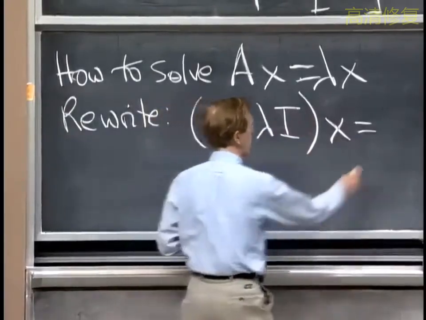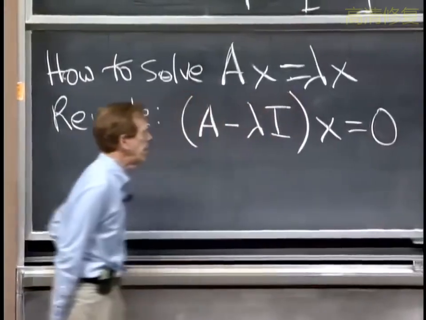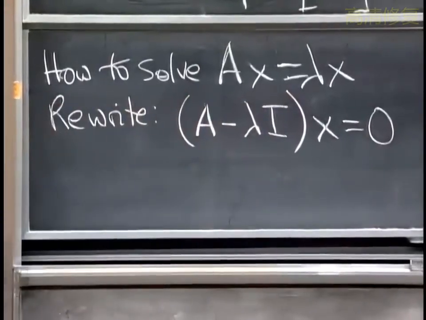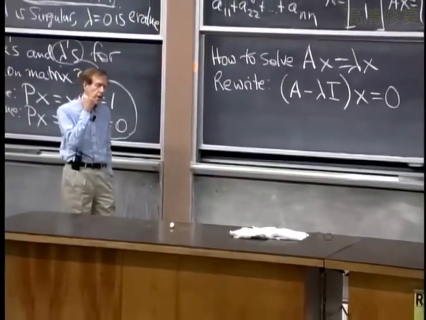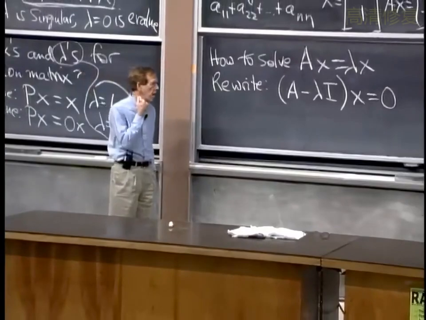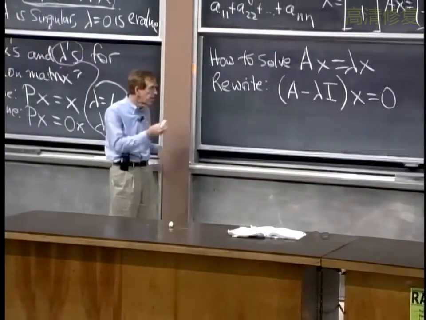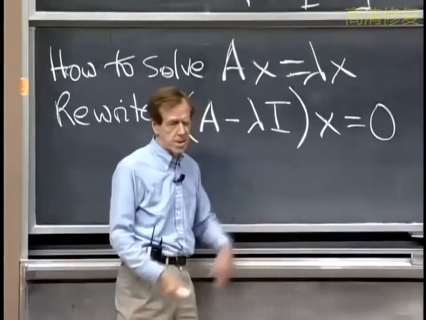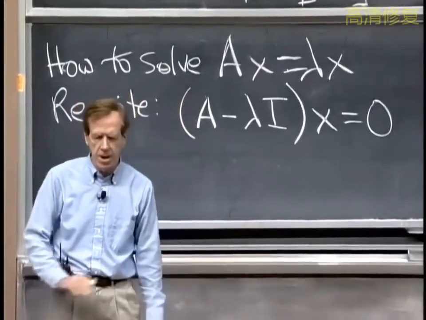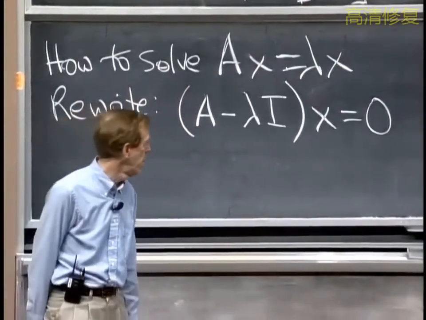So I brought that over and I've got 0 left on the right-hand side. Okay. I don't know lambda and I don't know x, but I do know something here. What I know is if I'm going to be able to solve this thing for some x that's not the 0 vector, that's a useless eigenvector, doesn't count.